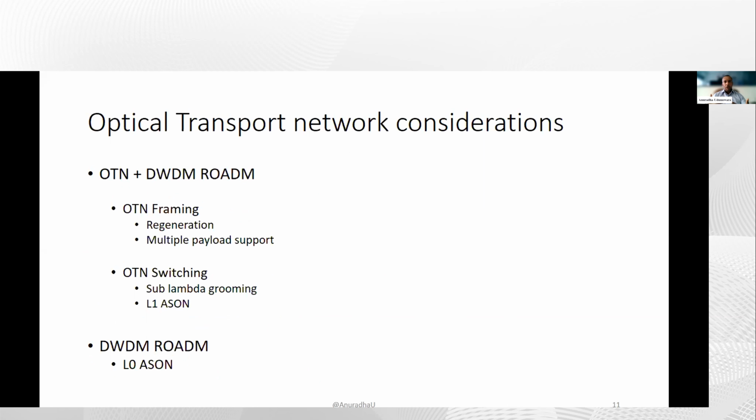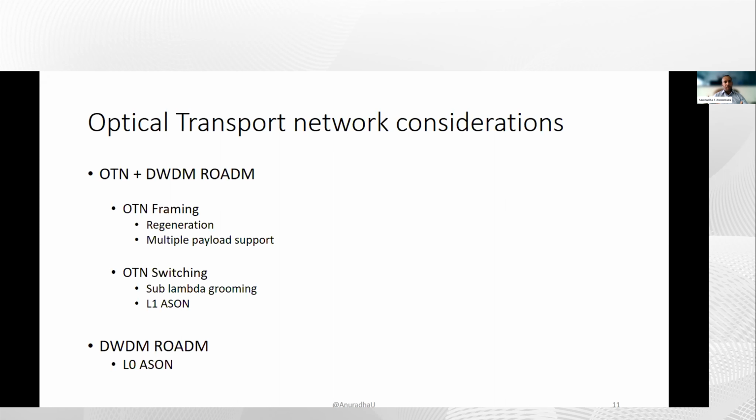And if you look at the optical transport network more closely, again, you can see technologies like OTN, together with DWDM ROADMs, also having multiple options. The debate is, should we have OTN, or should we just use DWDM ROADMs and implement the IP network on top of that? But if you go with OTN, again, you have two options.